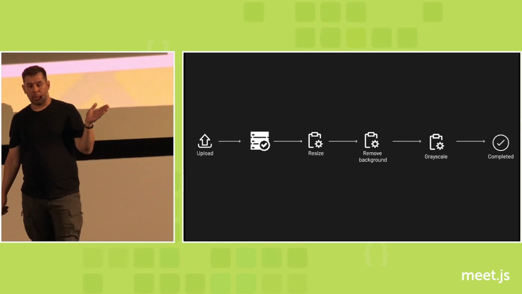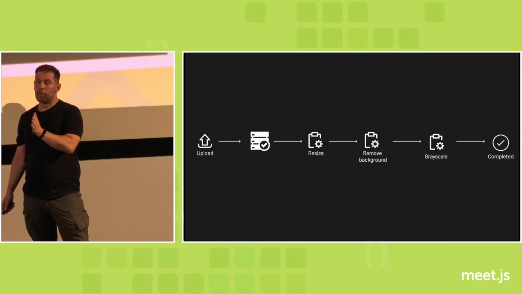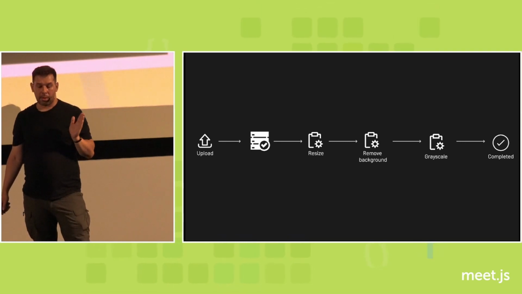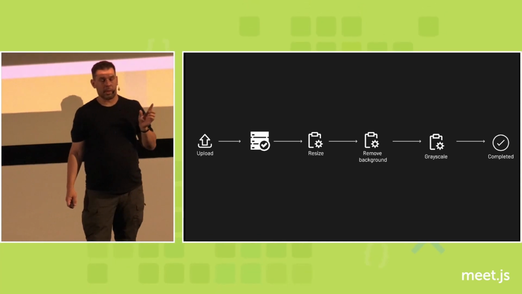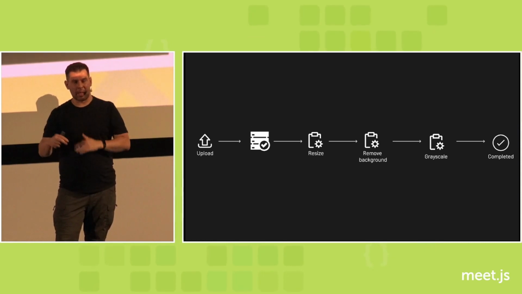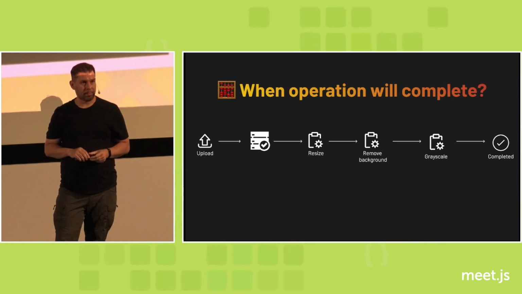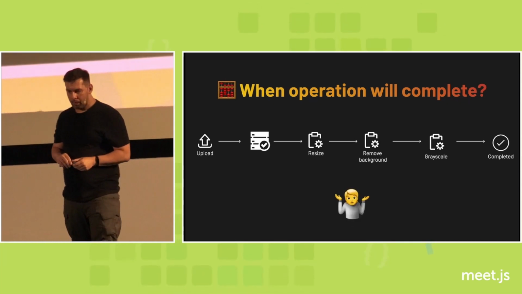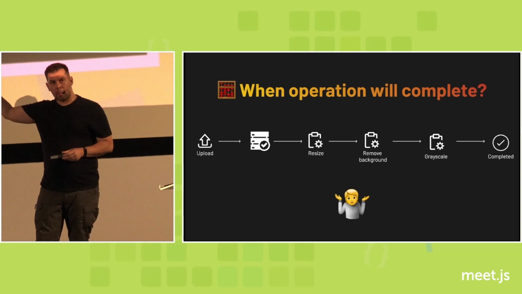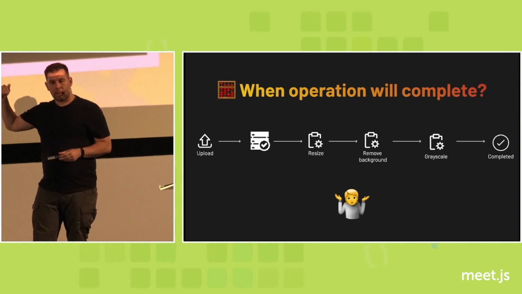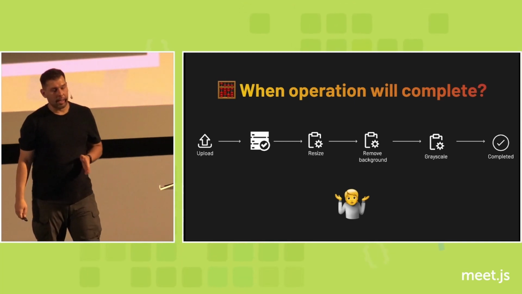And he decided to build an AI processing platform, and he uploads an image to the server, and there are some operations on this image, like resize, remove background, grayscale, and each operation works in a different pipeline on a different microservice. And when each operation will complete, we don't know, right? So at the end, we can create an endpoint notifying the client, which logs each operation and notifies the client that the whole process has ended, though of course it can be a much more complicated process.